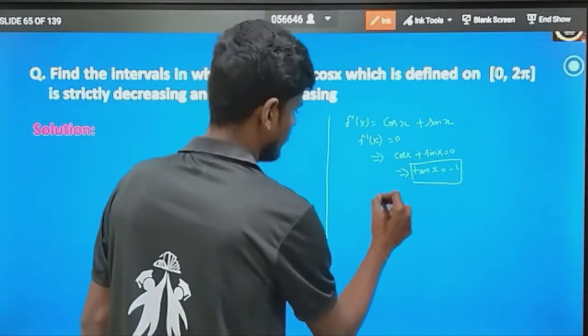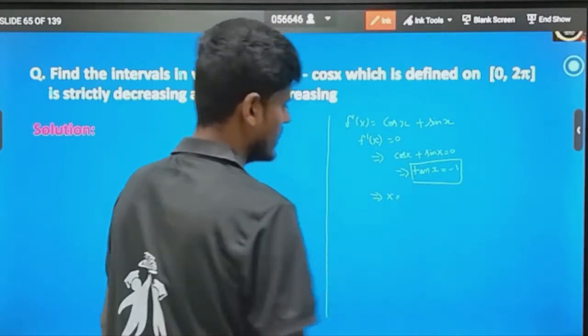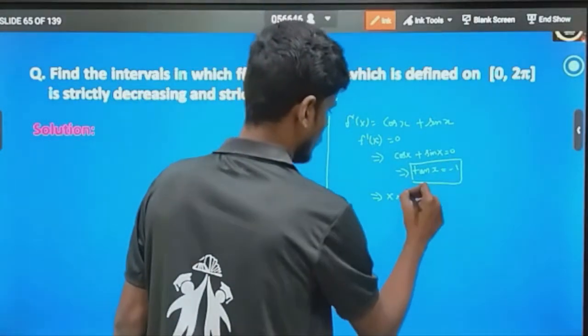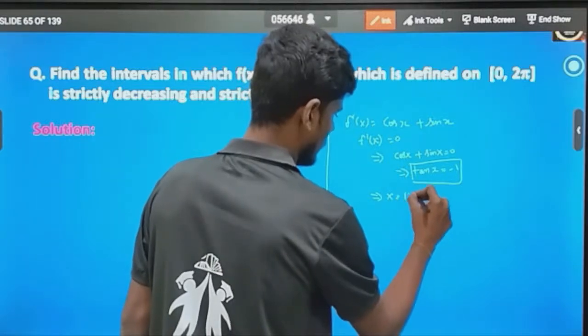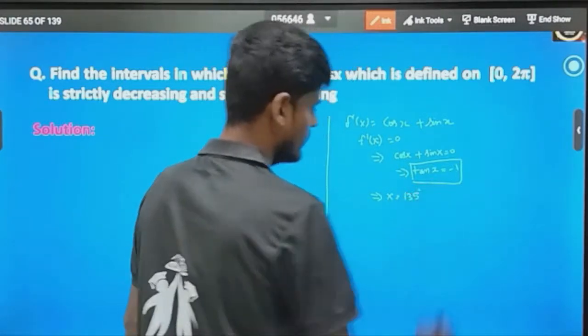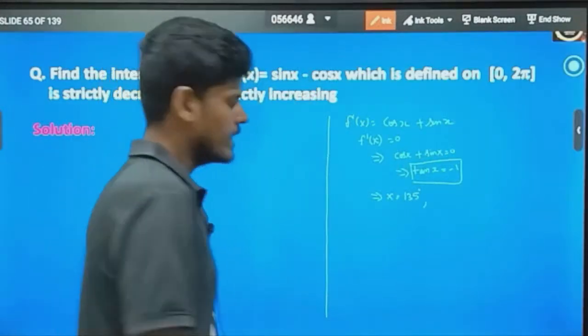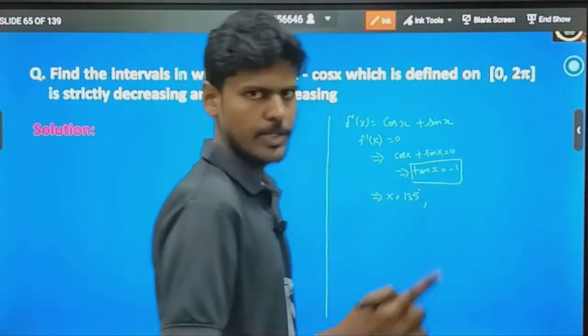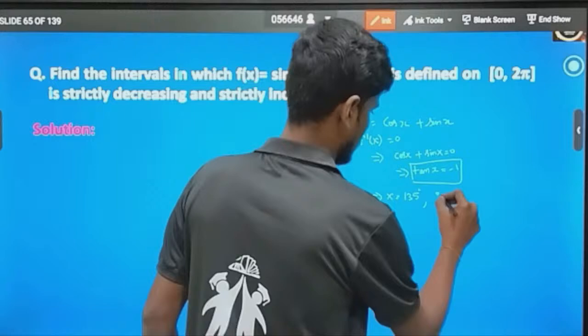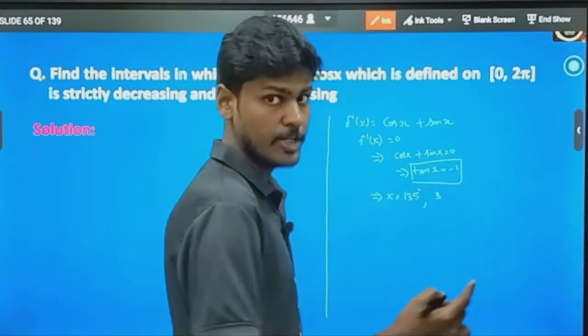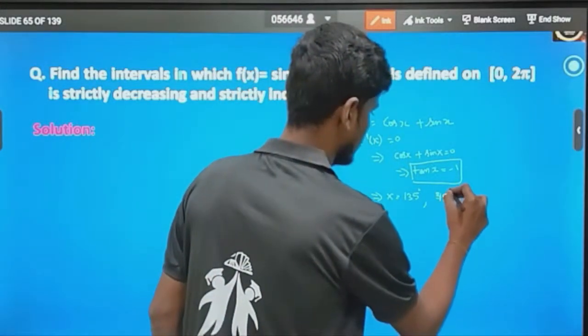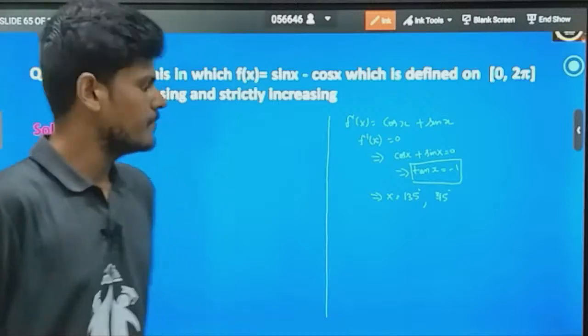So x will be equal to 135, that is 90 plus 45, and another value is 270 plus 45, that will be 315 degrees.